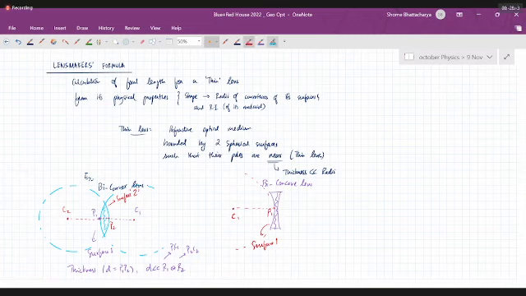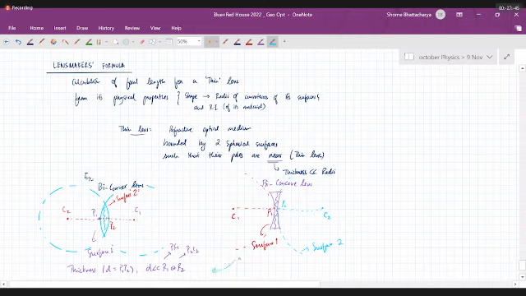If this is surface 2, this is its center of curvature and this is its pole.